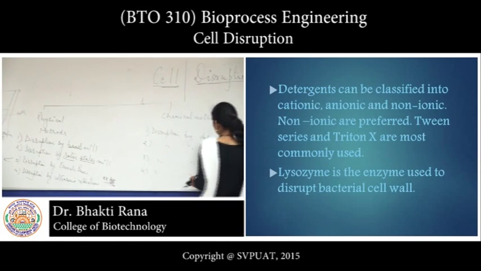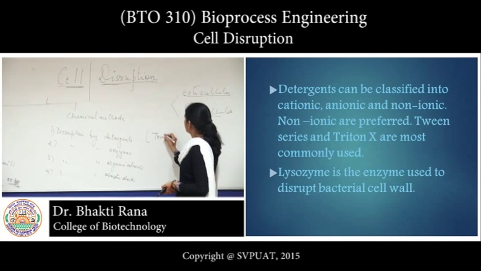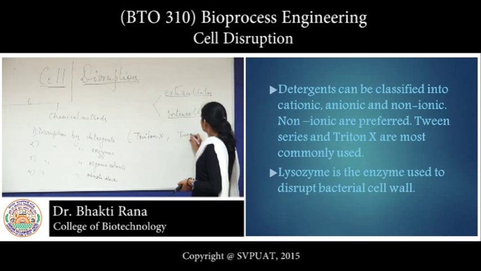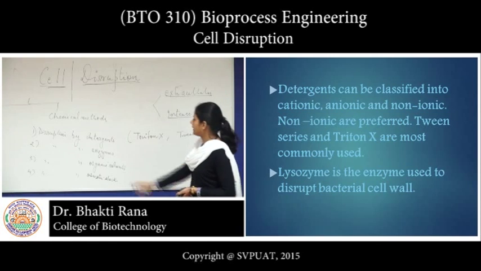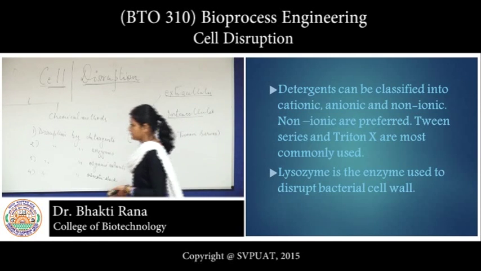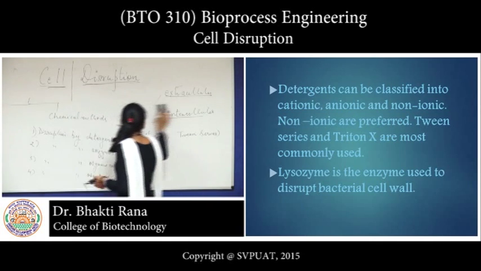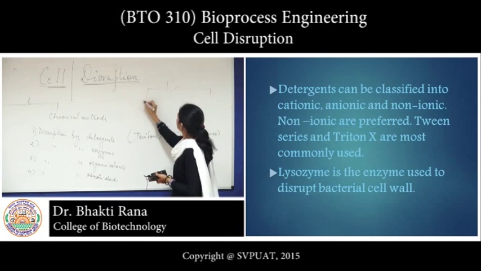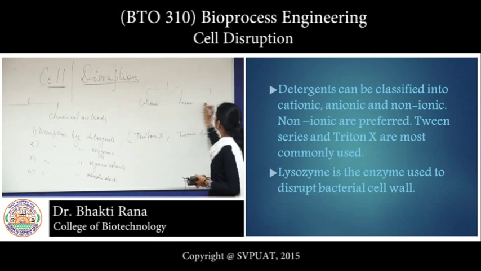In chemical methods you have disruption by detergents. Disruption by detergents means you use Tritons, or we can use Tween series. Detergents are classified into three: cationic, then anionic, and then non-ionic.